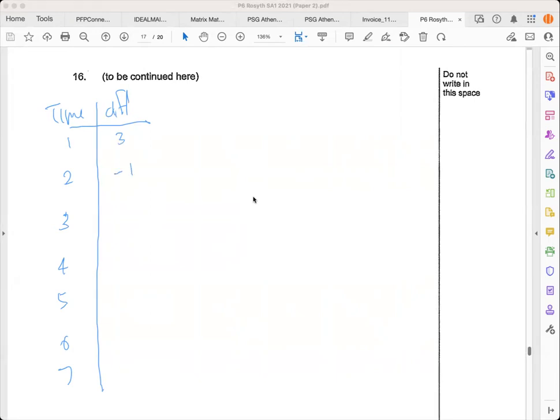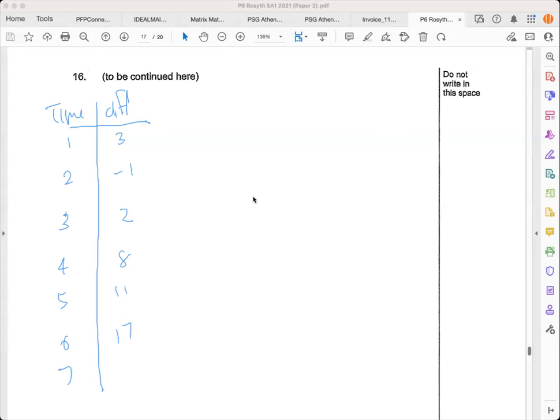Next one is 7 minus 5, which is 2. And then 12 minus 4 is 8. And 16 minus 5 is 11. And 21 minus 4 is 17.